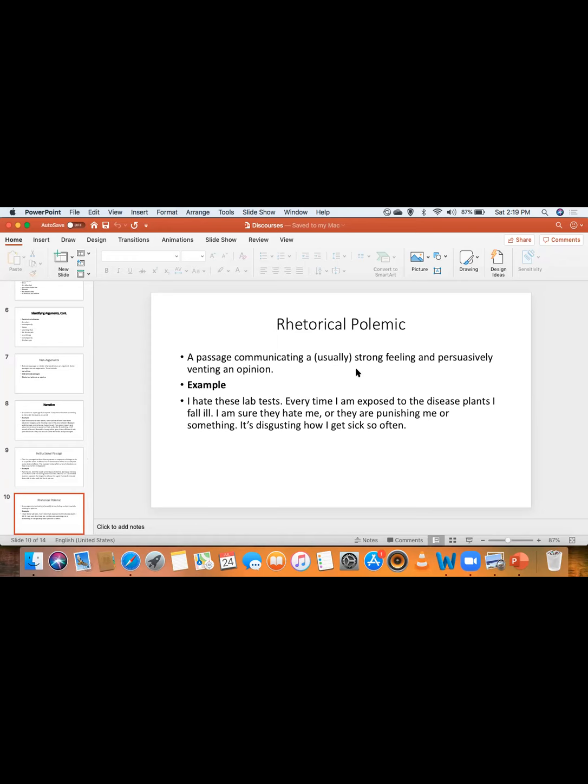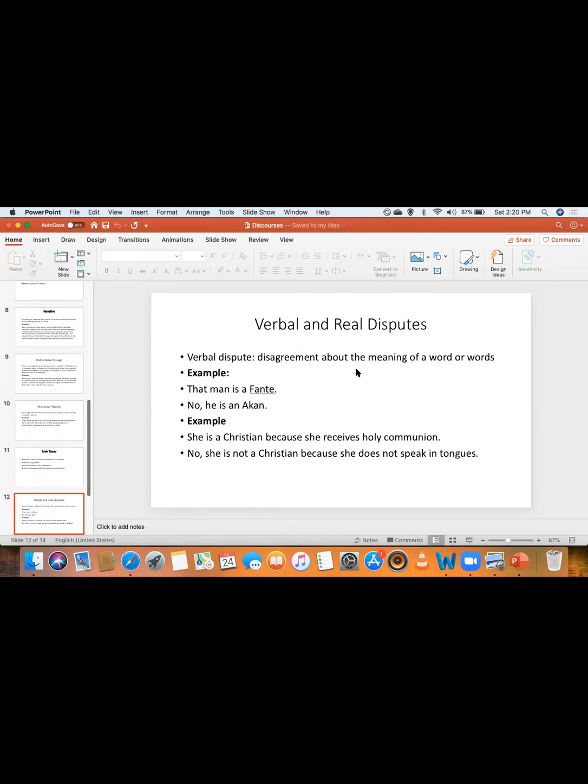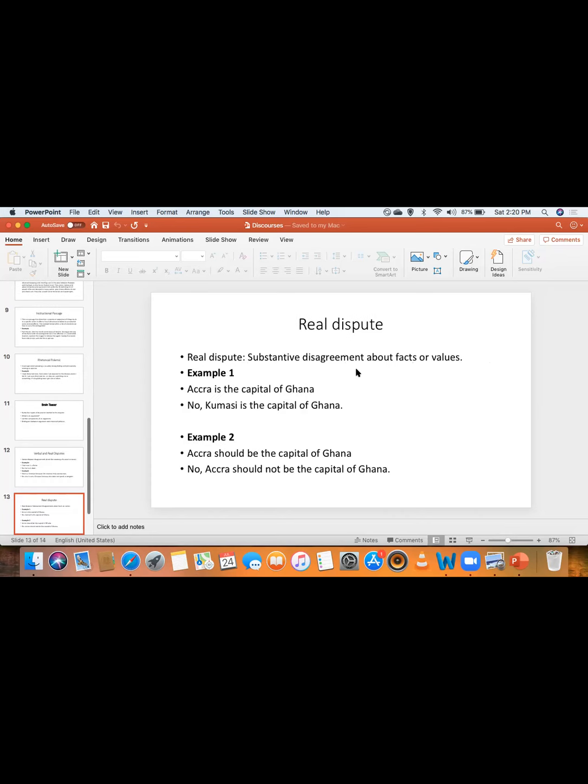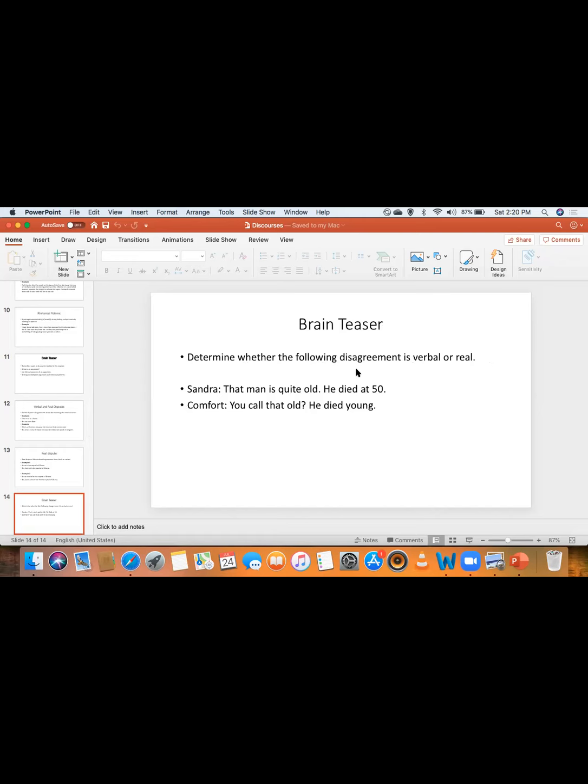But whereas claims in arguments are surrounded by premises that support them, claims in a rhetorical polemic are just surrounded by emotive expressions. Then we saw verbal and real disputes. Verbal disputes arise from confusion about the meaning of something, but real disputes are disputes about facts and values. So that was it about types of discourses.